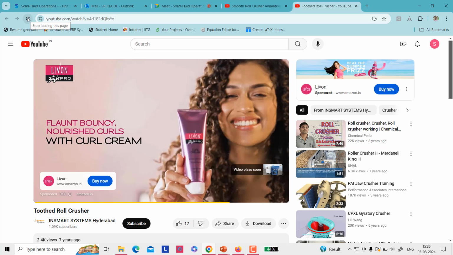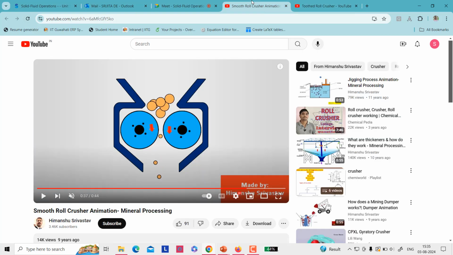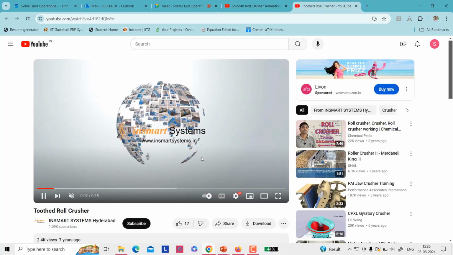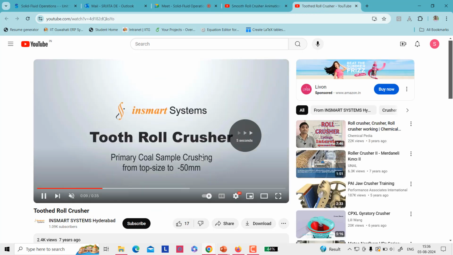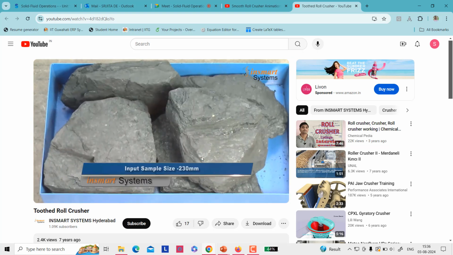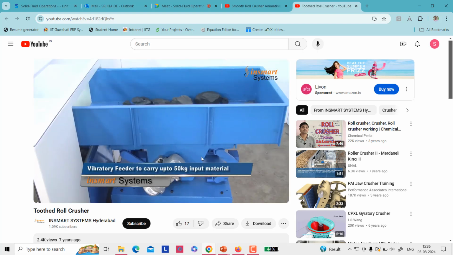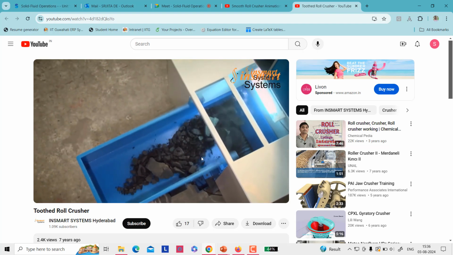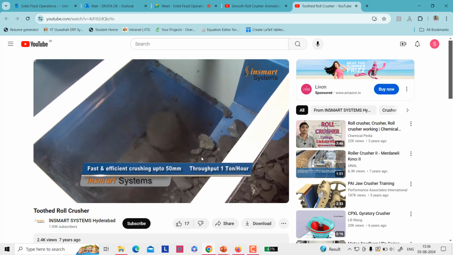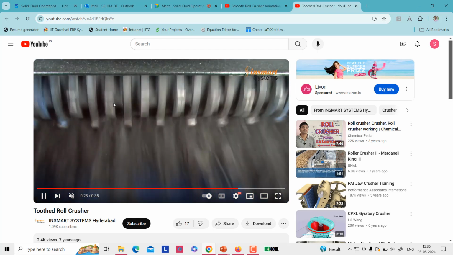So next one is the toothed roll crusher. The last one was the smooth roll crusher, because you can see the rolls are very smooth, and here you will see that there are some kind of teeth in the rolls of the machine.